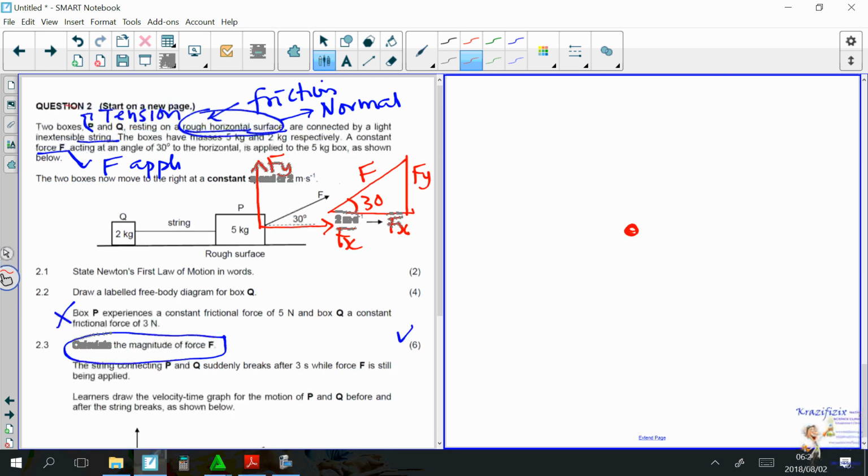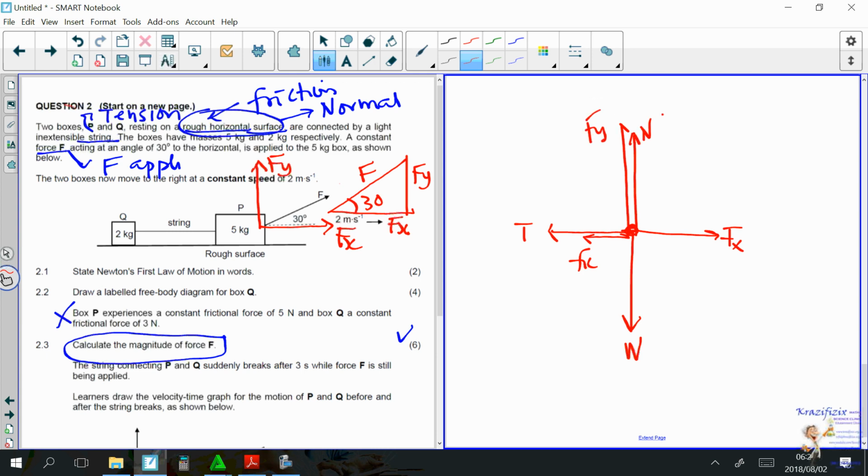So I'm going to have 2 forces acting upwards, 1 force acting down, 2 parallel forces acting in this direction: friction, tension, weight, Fx, normal, or Fy, and normal. That's my new free body diagram.